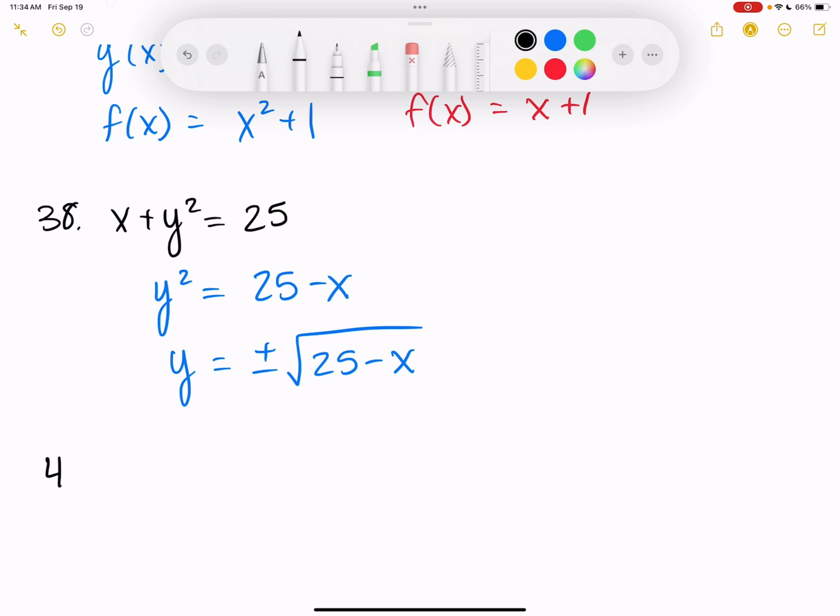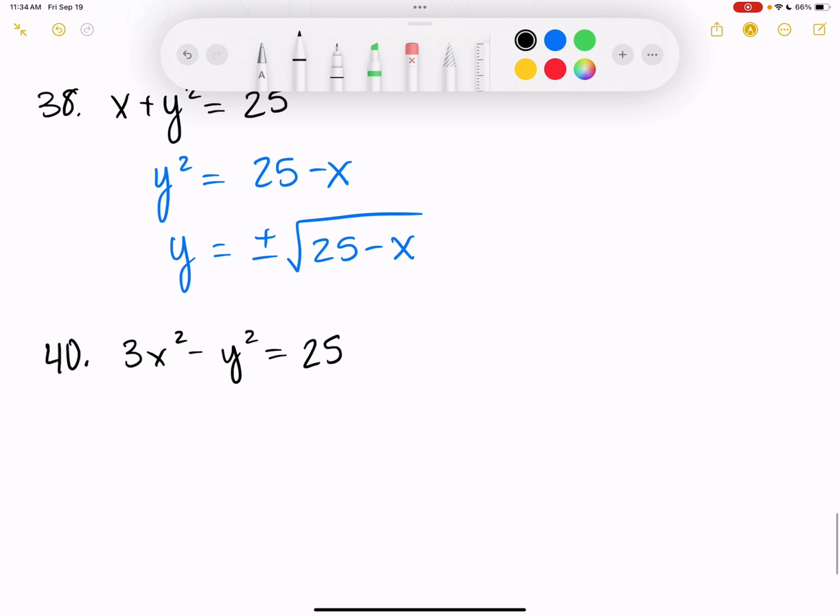Wait, 40. 3x squared minus y squared equals 25. Ooh, that's a good one. So negative y squared equals negative 3x squared plus 25. And no, it does not matter if you write the x first or last. I just know that the negative is going to cancel, so I stuck it out front this time.